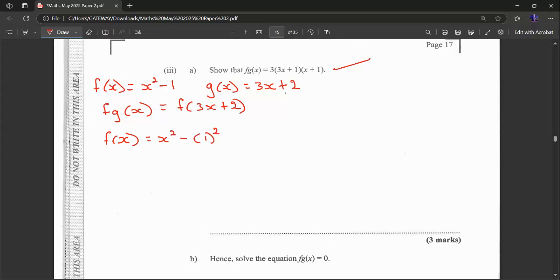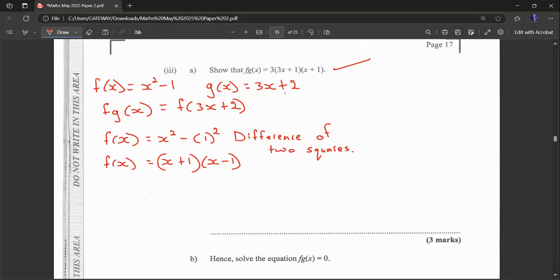If I factorize this now, I will get that f of x is equal to x plus 1 in brackets times x minus 1 in the other bracket. This is the difference of 2 squares. Remember how to factorize difference of 2 squares? Difference of 2 square terms.